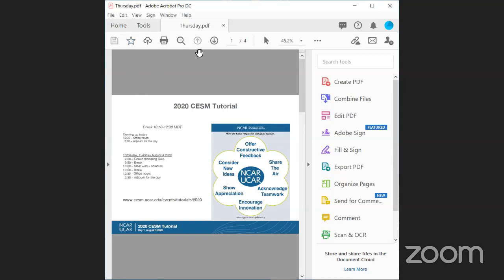If you just do full screen or present mode, I'm not sure how to do it in Acrobat. Sorry, I was trying to quickly download it. I'll figure it out. If you go to view, that should work.